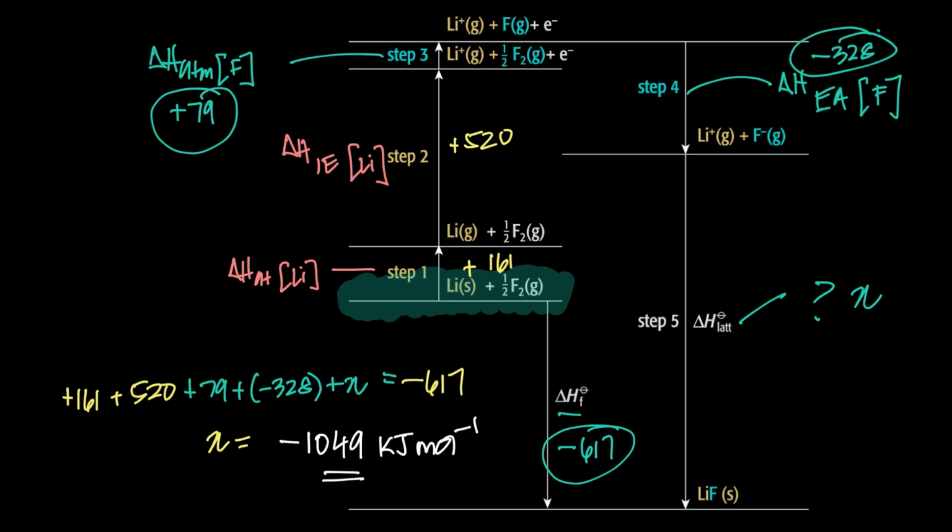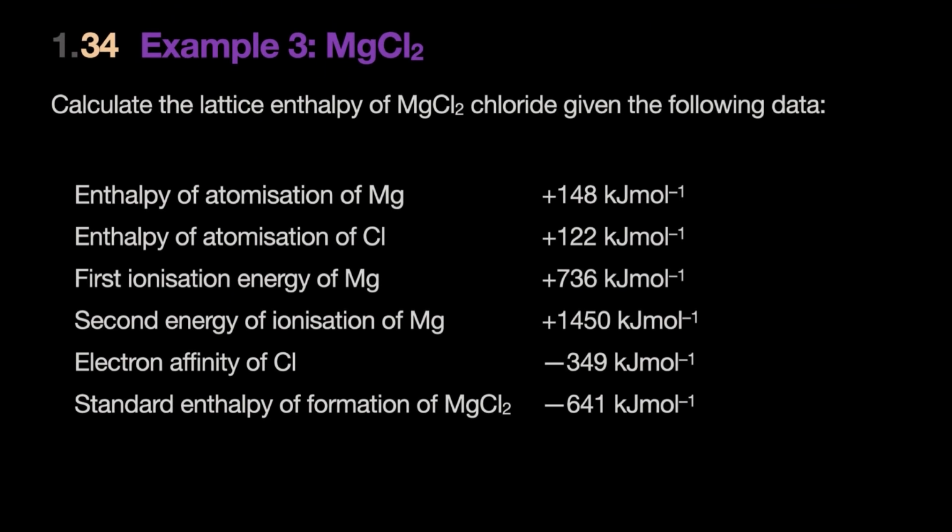So now this is basically how you solve questions on Born-Haber cycle. Now this is, by the way, definitely going to be the easiest chapter in the whole of A-level chemistry. The only place people make a mistake is when the compounds are not straightforward like NaCl or LiF, when they have more than one ion for an element, an example being MgCl2.